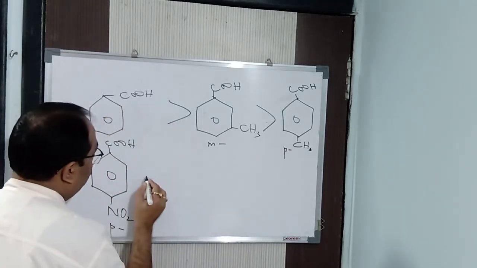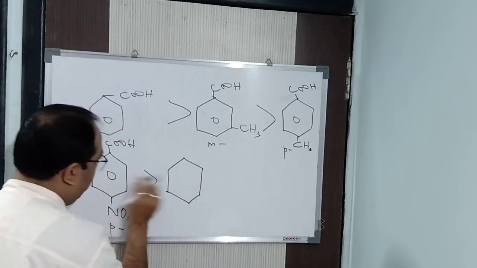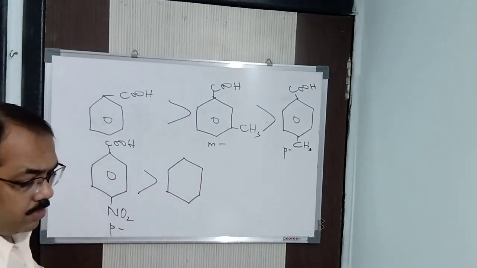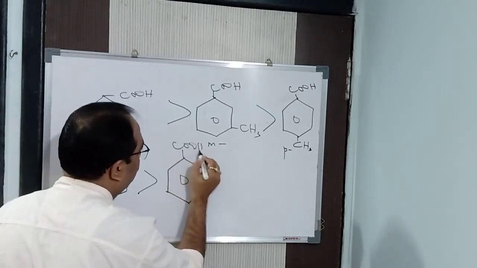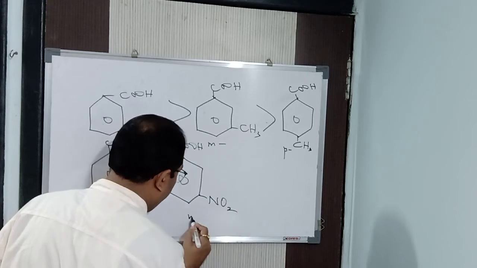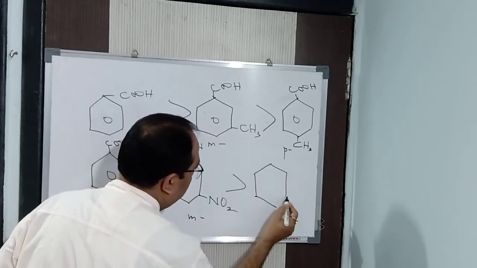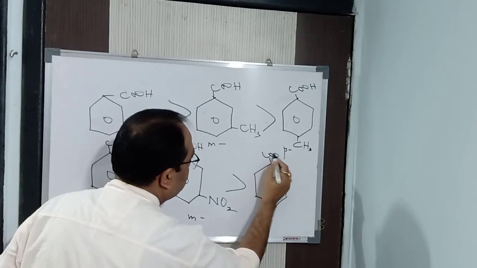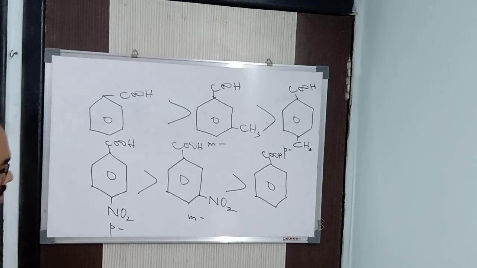So para is more acidic, because I said that it is more pronounced at para position. It is more acidic than meta, which is of course more acidic than simply COOH, benzoic acid.